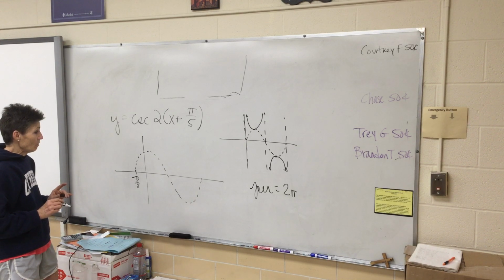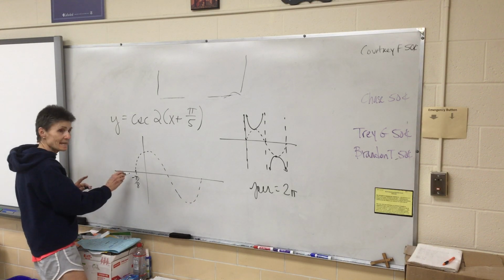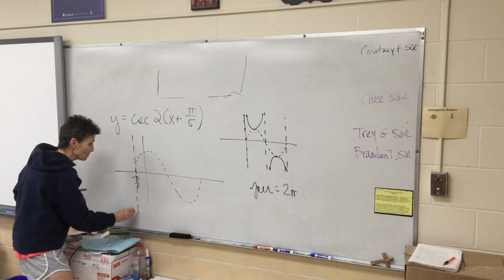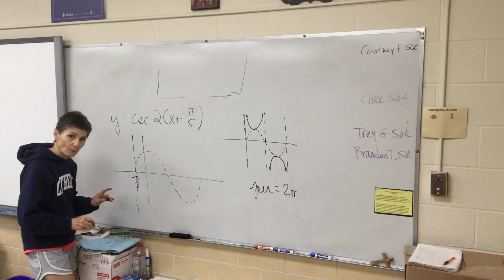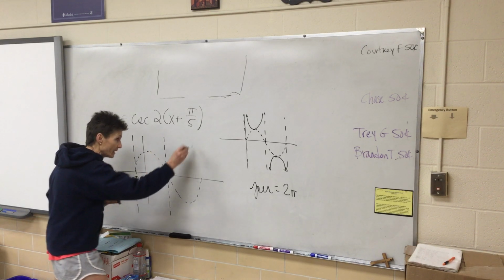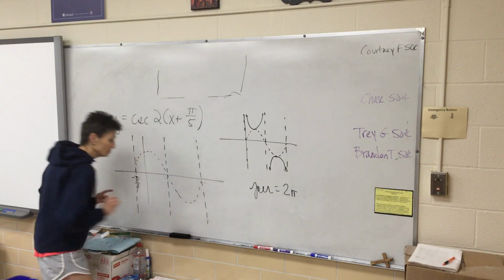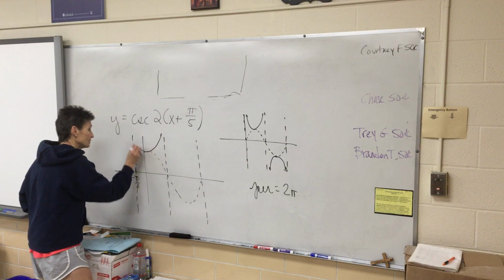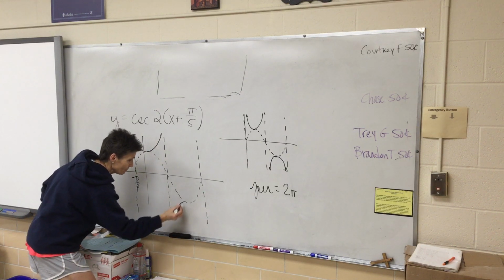Now, every time I cross the axis, I'm going to have an asymptote, every time I have a 0, because 1 over 0 is undefined. So if you have a 0, when you flip it over, it's going to be undefined. And then I'm going to flip my hill up and my valley down.